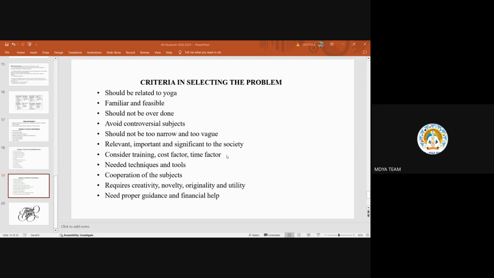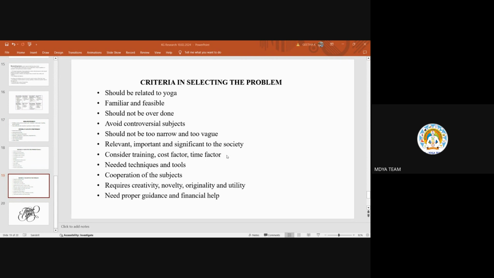Naturally, there is a time factor. Frequently we cannot test, only pre and post is advisable. If you ask them to take their test every week, out of interest or out of anxiety, it is not practically possible. It is not good also. So those things we have to make a mature plan.